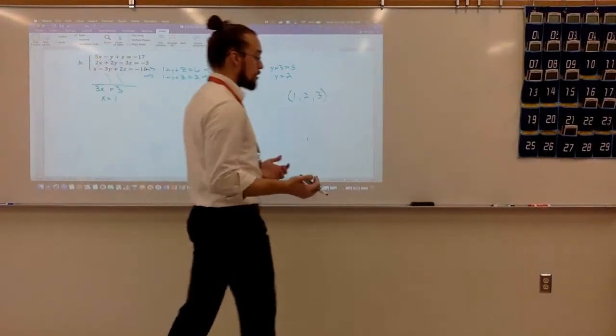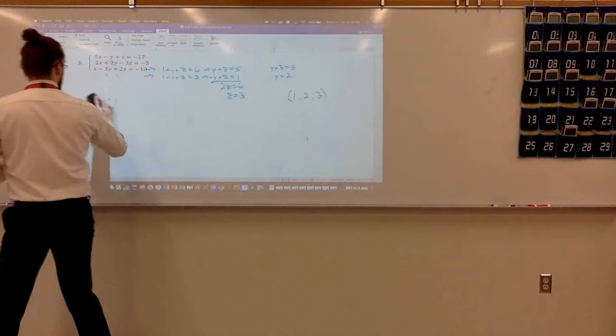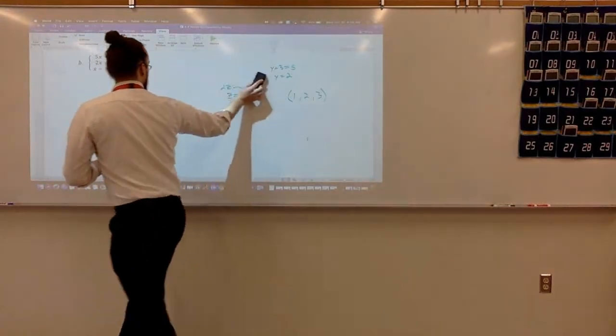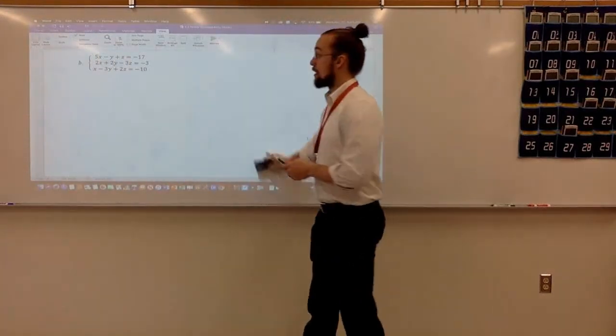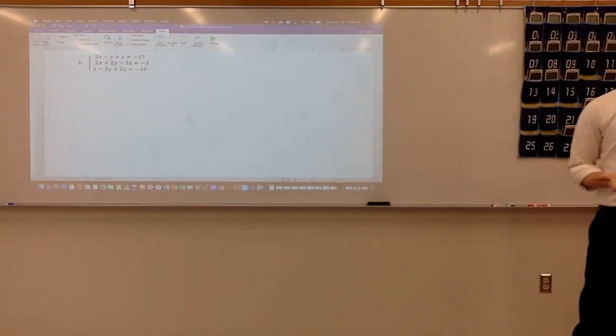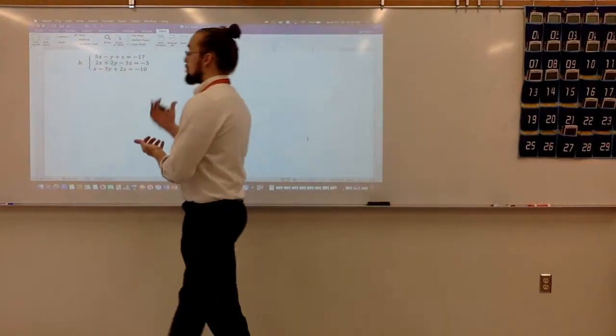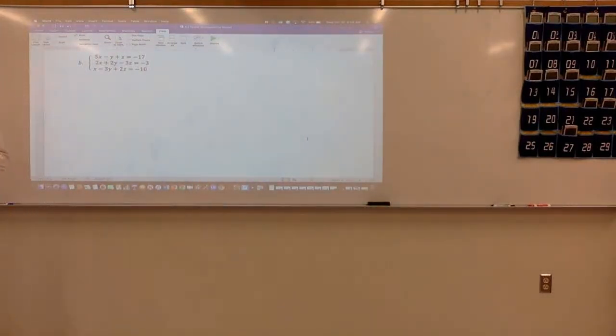Okay, in this one, if I look at any of my equations, and I think about adding any of them together, there are no variables that would just cancel out. So, what we can do is multiply one or both of the equations by a constant, just like we did for systems with 2 variables. It does not matter which variable I choose to cancel out.